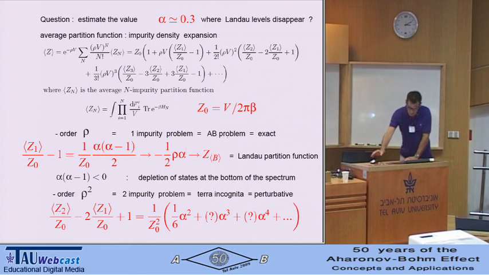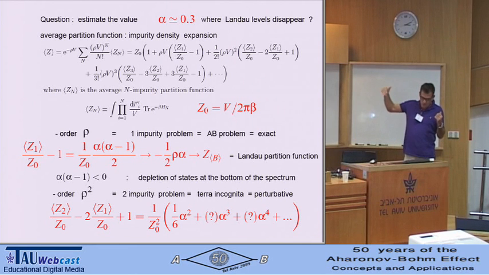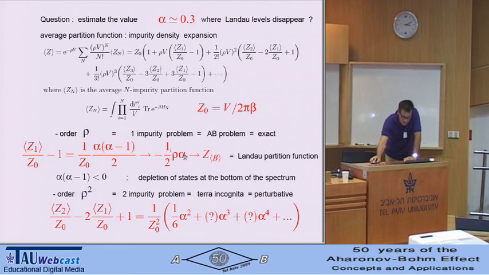So it is not surprising that this minus 1 over 2 alpha times rho is exactly what you need to build what you know you should have. It means it is a mean magnetic field, plus, of course, corrections which are due to disorder. So the leading term here is well understood. It is the 1 impurity problem, which is totally known, and we can do exact computation.